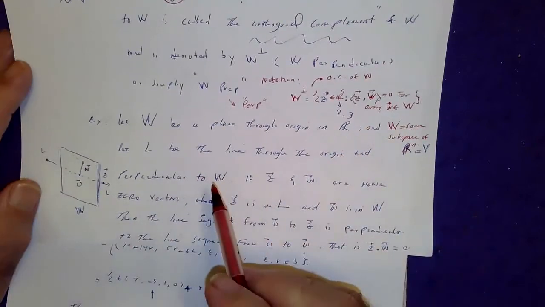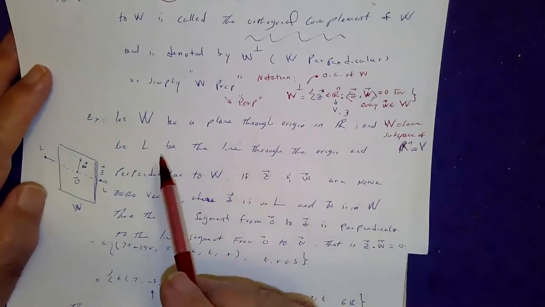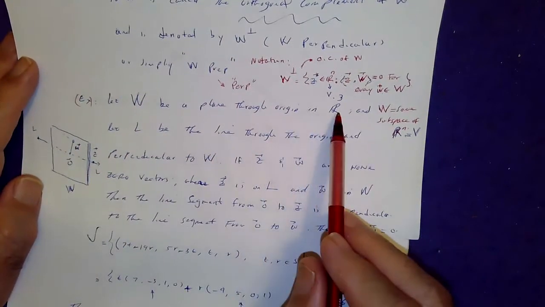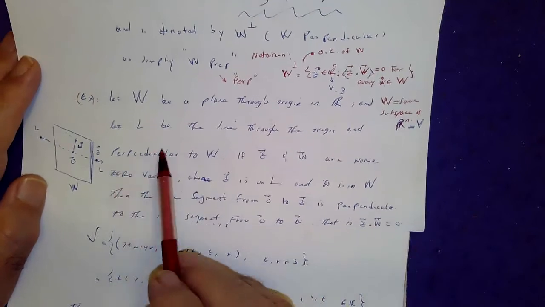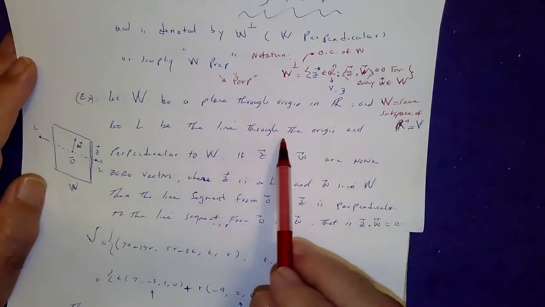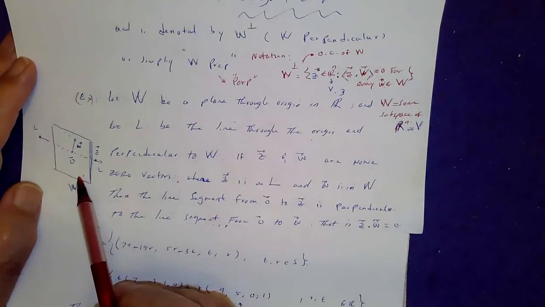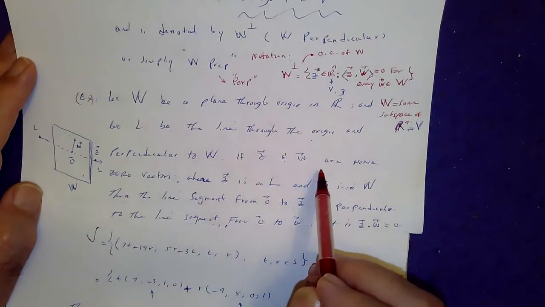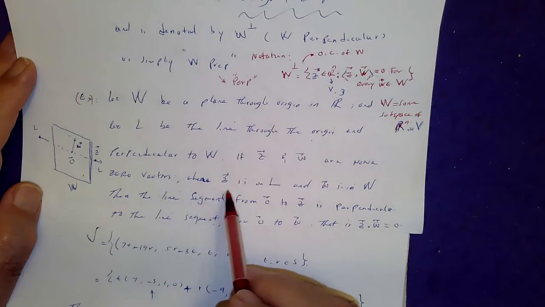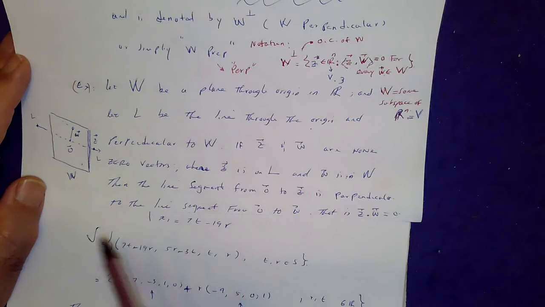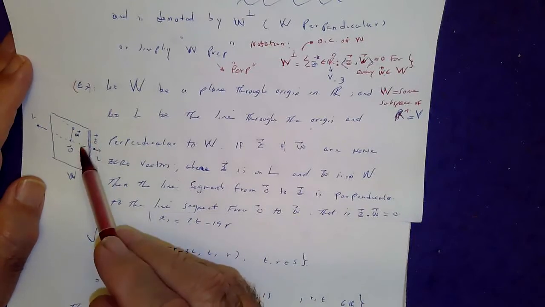In other words, let W be a plane. Here's an example. Let W be a plane through the origin in R3, and let L be the line through the origin and perpendicular to the plane. If z and w are non-zero vectors, where z is on line L, and w is on the plane, correct?